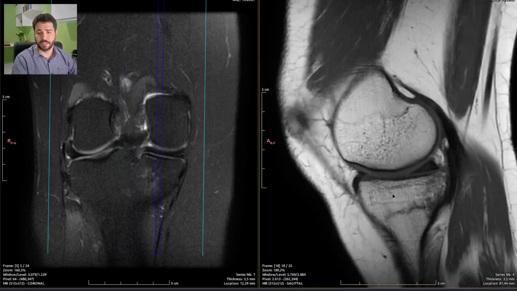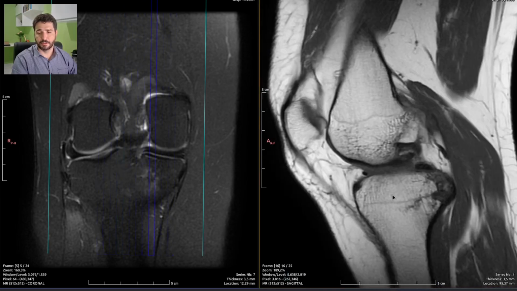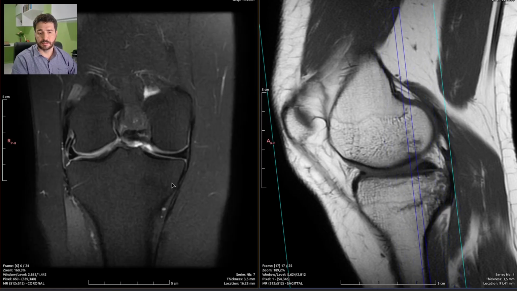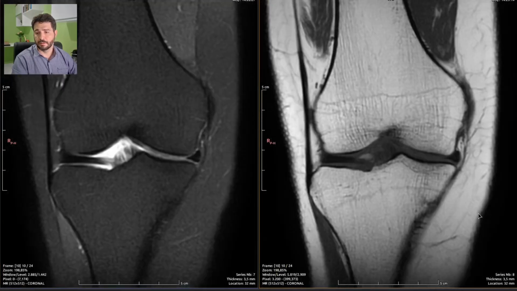This could be even a stress fracture of the knee. This is really common in this site. Really incomplete. There is a cortical fracture right here. Let's get the coronal.